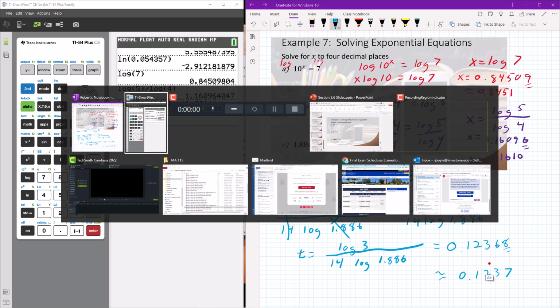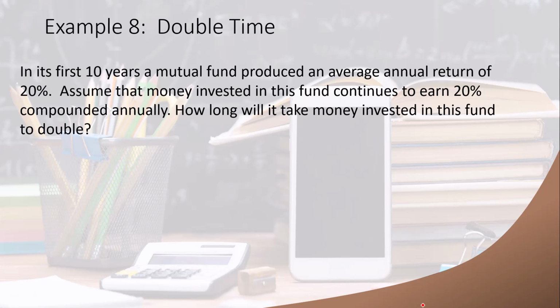Okay, let's bring us back to our slideshow. Let's take a look at example 8. In its first 10 years, a mutual fund produced an average annual return of 20%. Assume that the money invested in this fund continues to earn 20% compounded annually. How long will it take money invested in this fund to double?